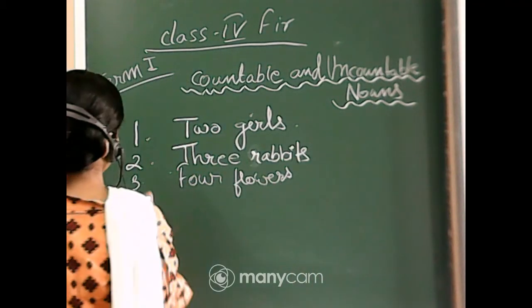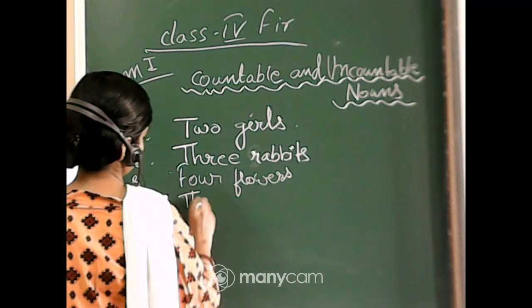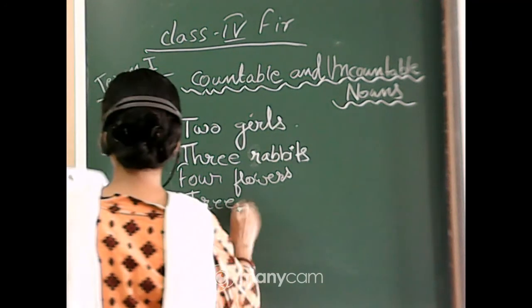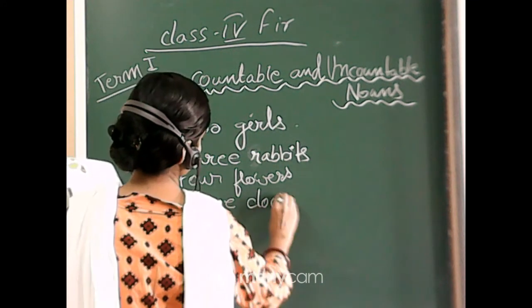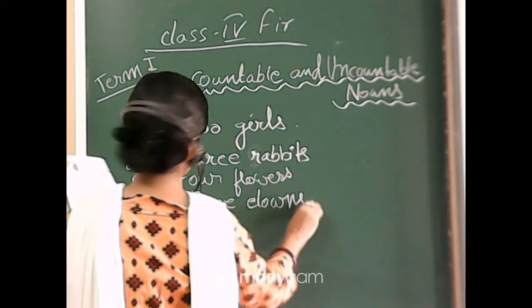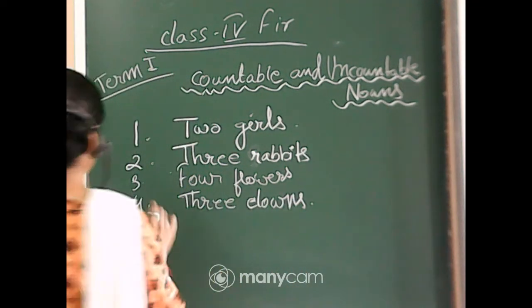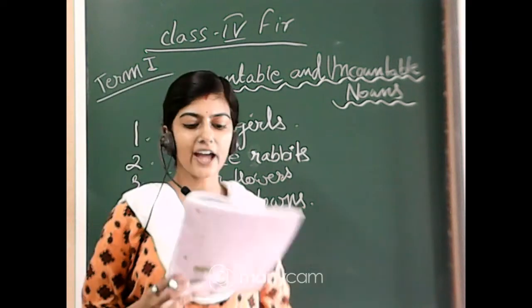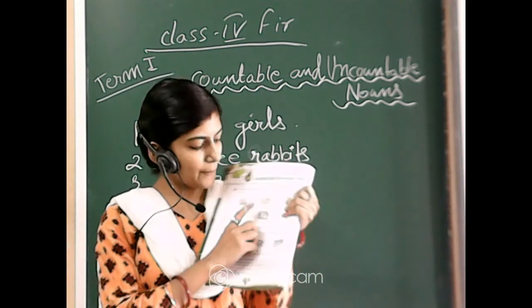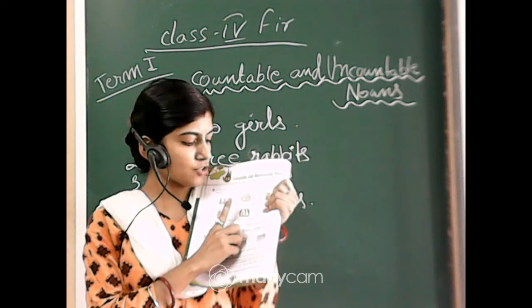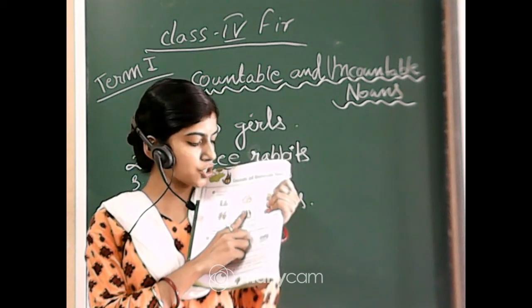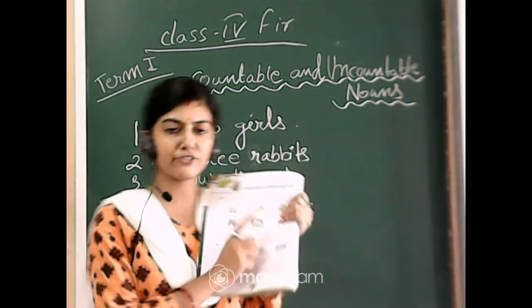Next, number 5. We see the pictures of penguins. So count the penguins, 1, 2 and 3.